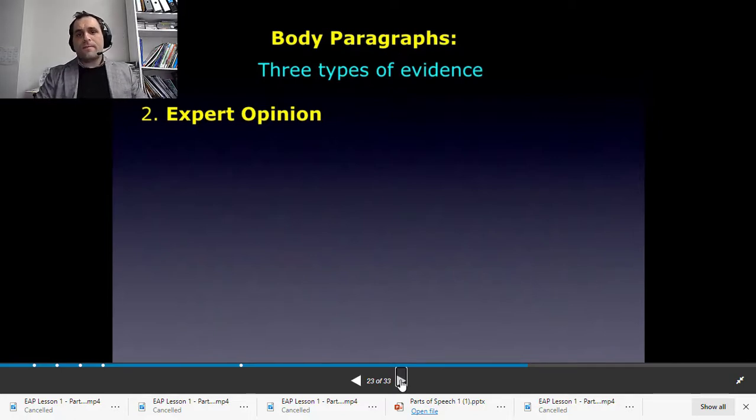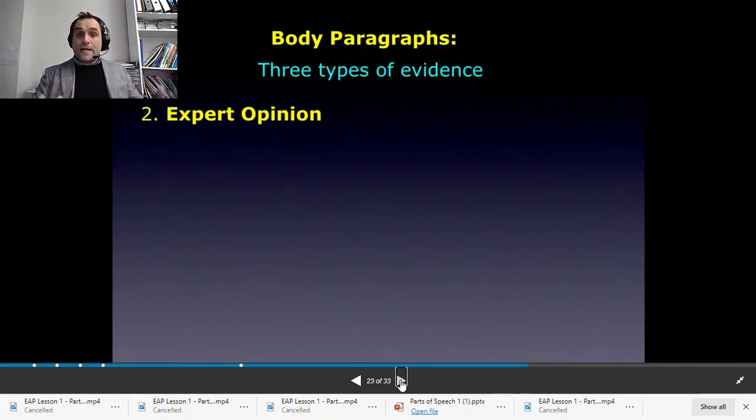But if you want to write about cancer, you need to ask experts, the experts, about what they think, what they have found in their studies about cancer. Otherwise, nobody's going to believe you because you are not a doctor. You are not a specialist in cancer studies. You're just a person who's writing an essay. So your job is to go find somebody who is an expert and get their opinions about the subject.